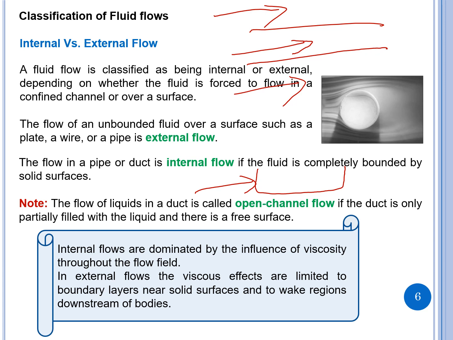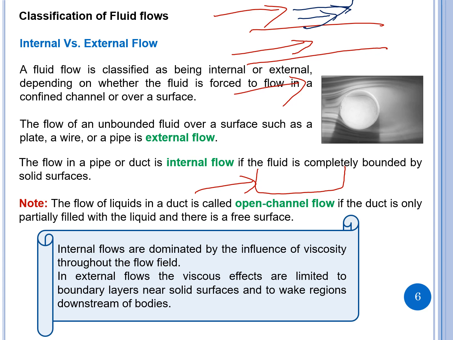So internal flows are dominated by the influence of viscosity. In external flow, we can have both viscous and inviscid flow, as we have discussed previously. So for example, over this pipe, the flow will be something like this. 0 at the interface, and as it goes away, the velocity increases.